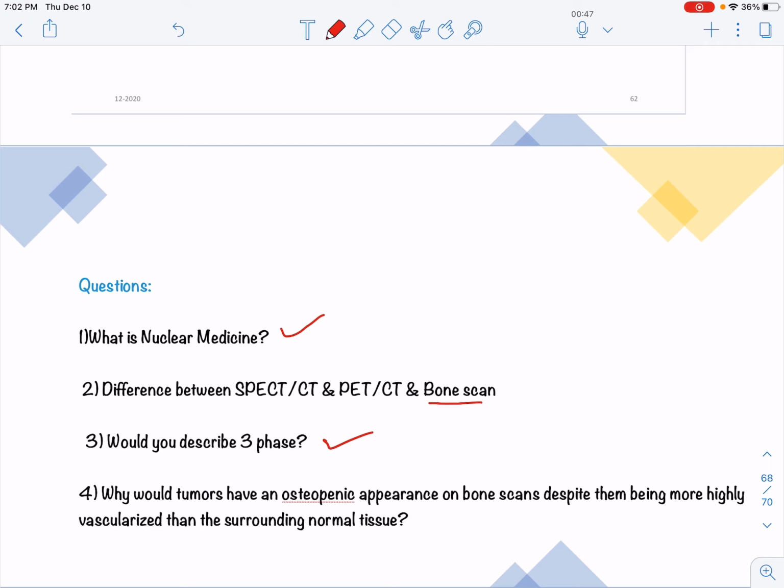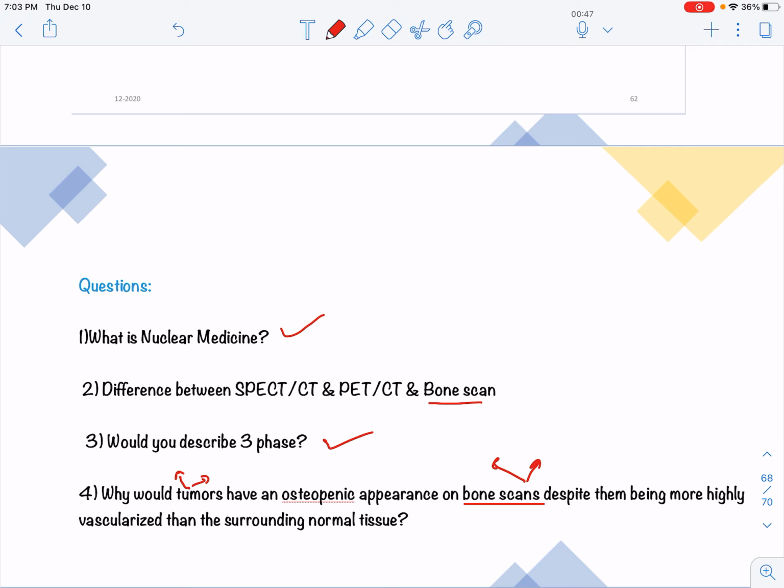But first, to answer this question, we need to know what kind of tumor you are asking about. Is it benign? Is it malignant? Is it primary? Is it secondary? So it's very important to know what kind of tumor. And also, are you talking about the regular whole body bone scan or are you talking about PET CT? If you are talking about whole body, it will appear osteopenic in some of the tumors like neuroblastoma.